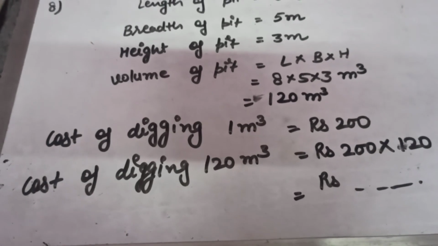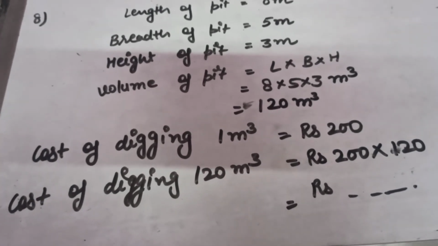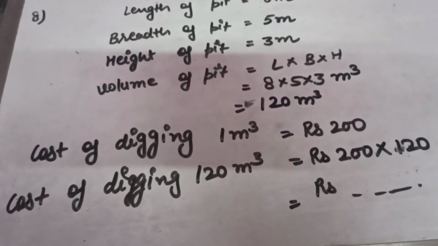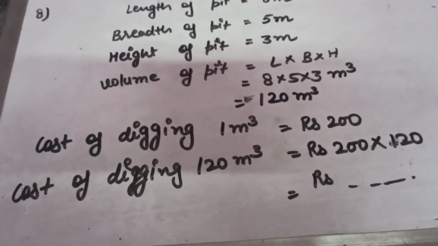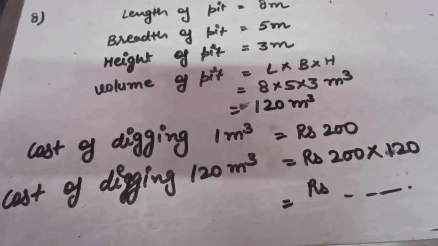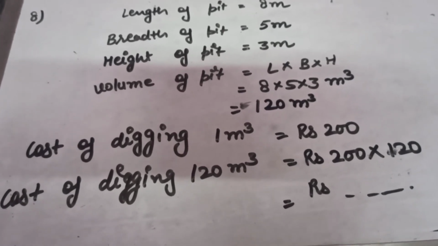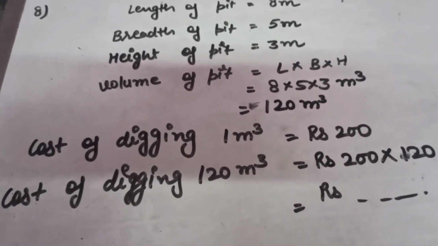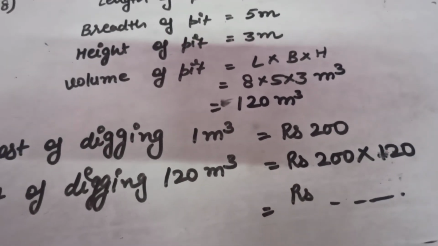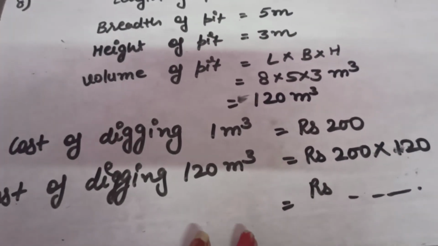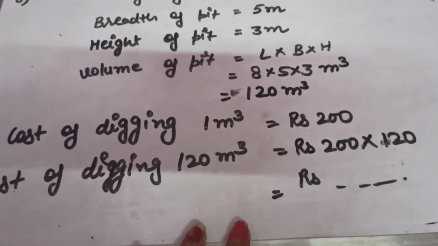So, clear about the exercise 13.3. This is the last question of the exercise in which we have to find the cost. So I hope the topic of the volume is clear to everyone. What is the meaning of the volume?